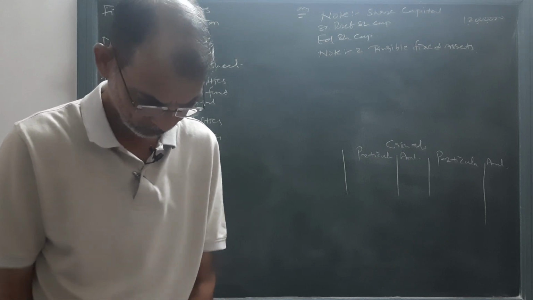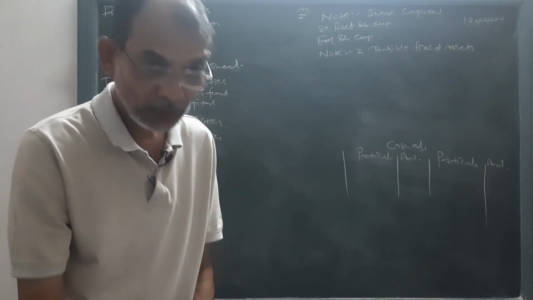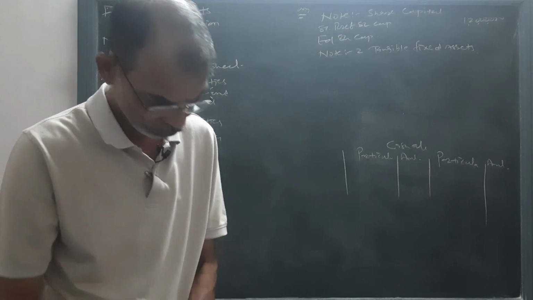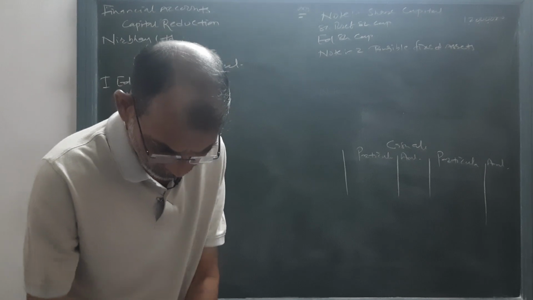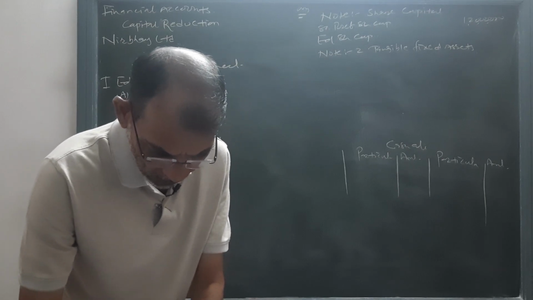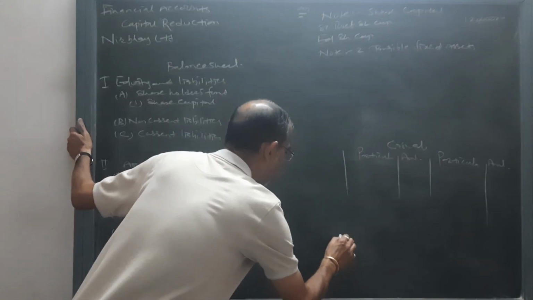But 16 lakh preference dividend was given as equity share capital. 1 crore 15 lakh plus 16 lakh. Let me show you for equity share capital.